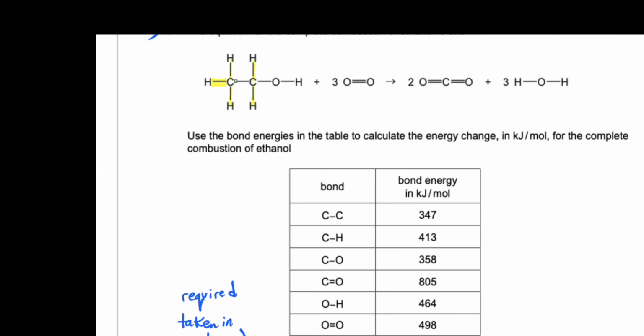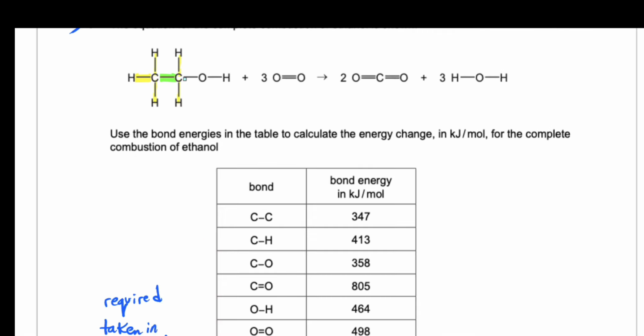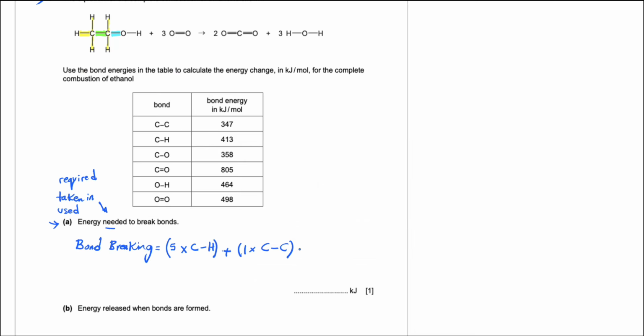And we have one bond between carbon and carbon, so plus 1 times carbon-carbon bond. And we have one bond between carbon and oxygen, so plus 1 times the bond between carbon and oxygen.